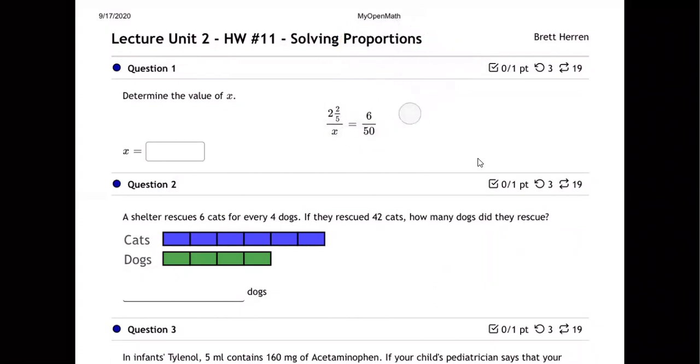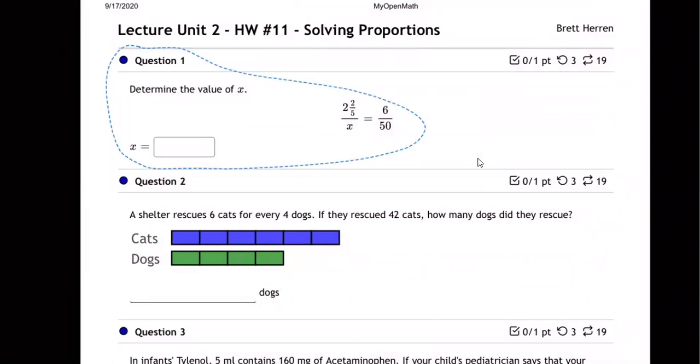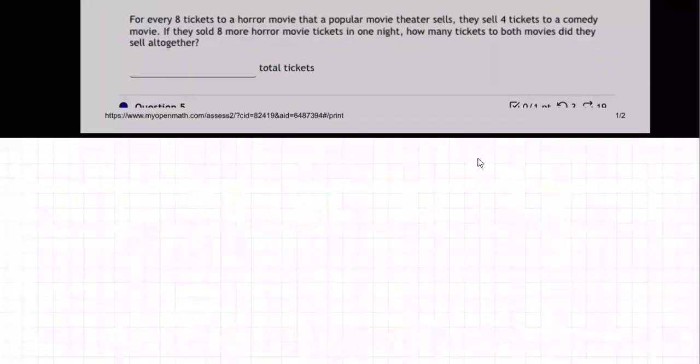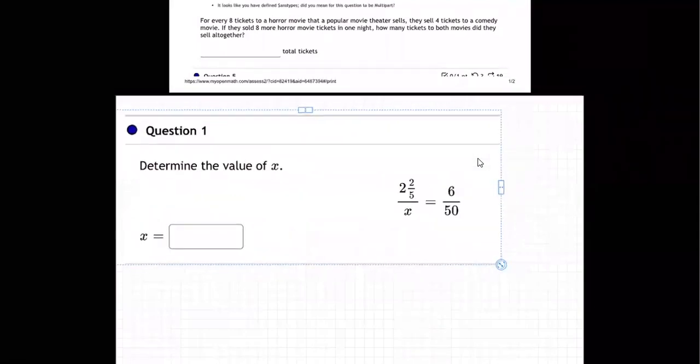Well, I think we need a little more room actually to do it well. So let me grab it and bring it on down here where we have a little bit of room. Here we go. Okay, so there we go.